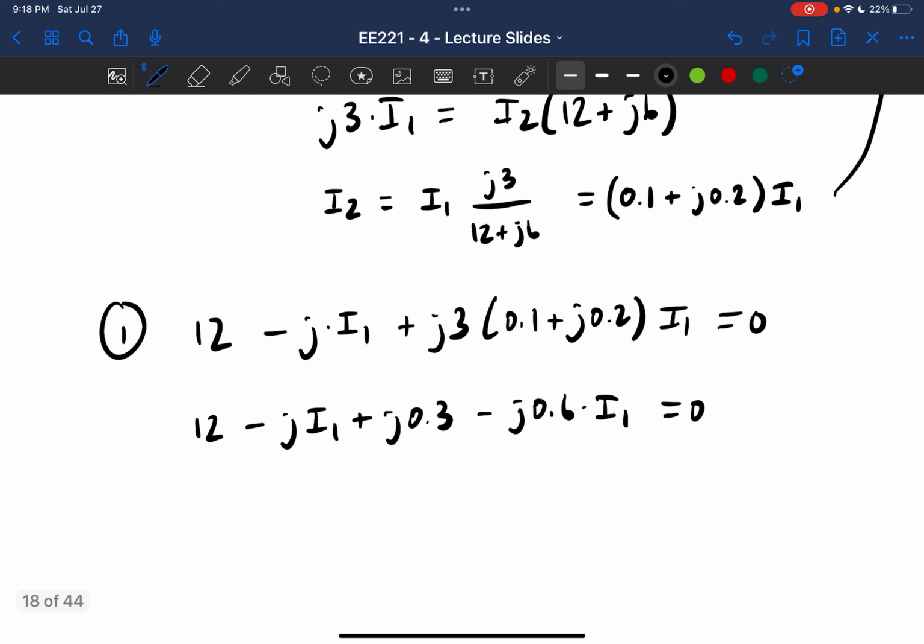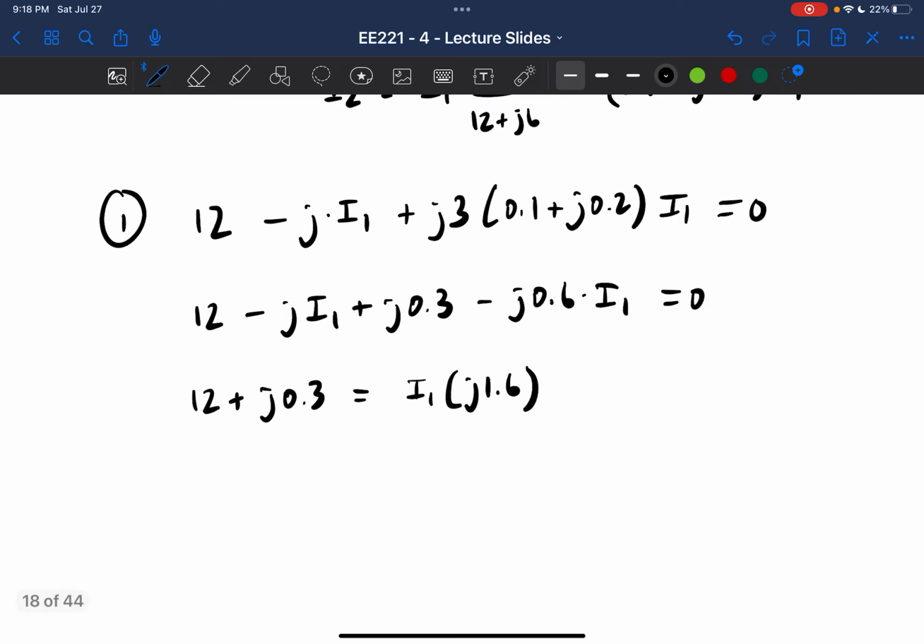Okay, so 12 plus J 0.3 is going to be equal to I1 times J, basically 0.6J plus 1J gives me J 1.6. All right, and now I just need to divide both sides by J 1.6 here, and I'll get my expression for I1.